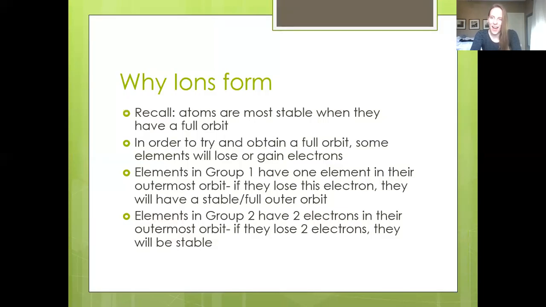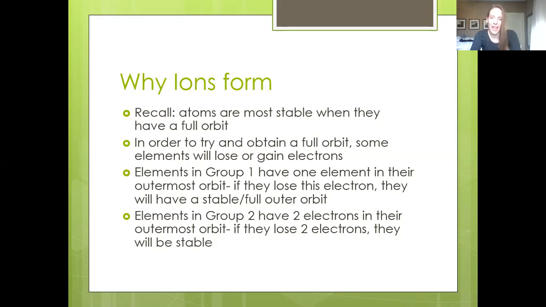So first of all, ions form in order to try and become more stable. So remember, according to the octet rule, atoms are most stable when they have full orbitals.